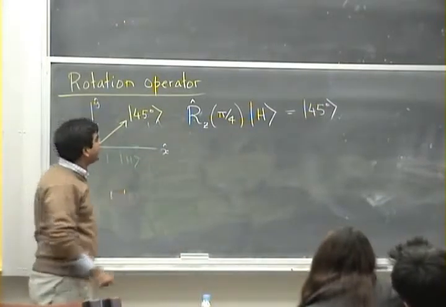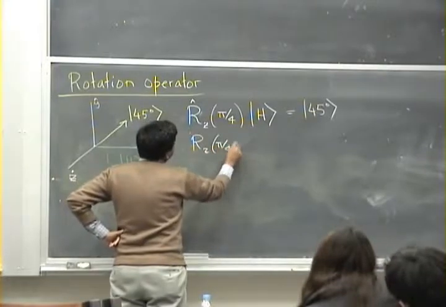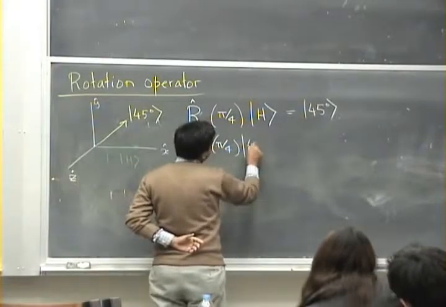If Rz pi by 4 acts on 45 degrees, what should I get?